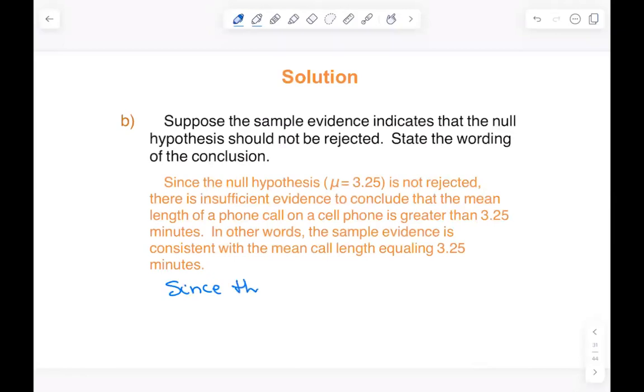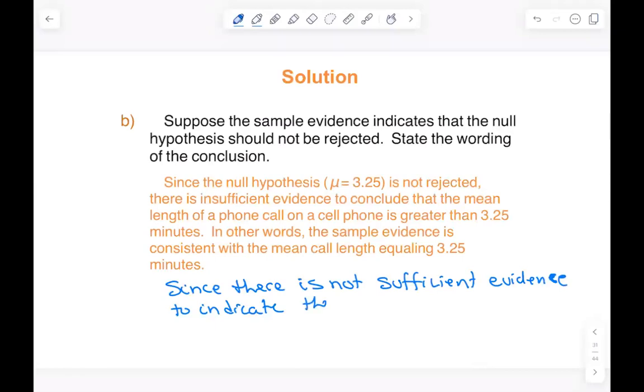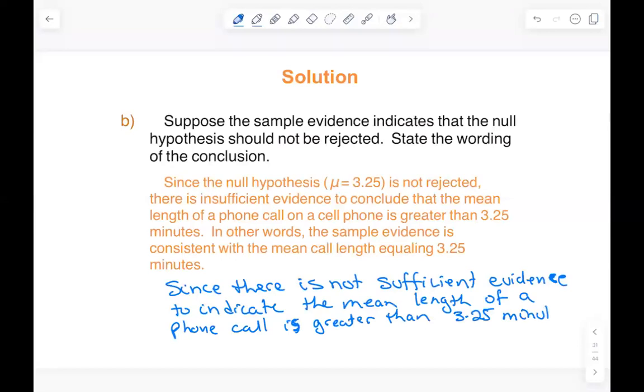I would say, since there is not sufficient evidence to indicate the mean length of a phone call is, that should be an S, greater than 3.25 minutes, we fail to reject the null hypothesis.